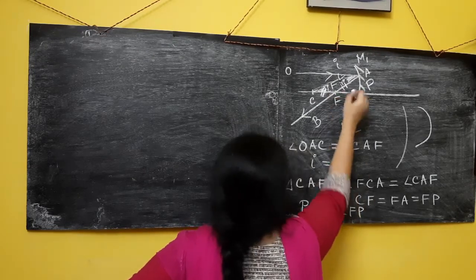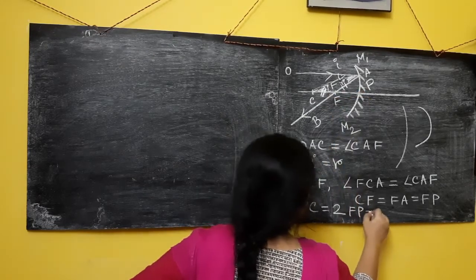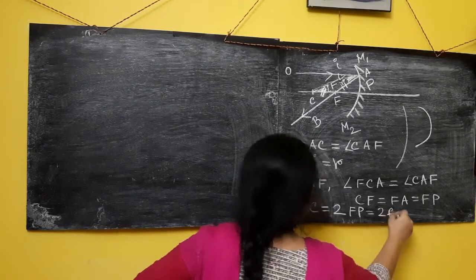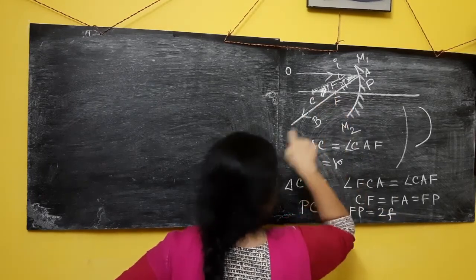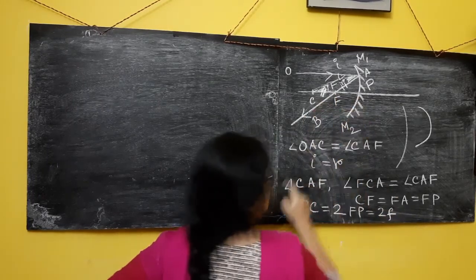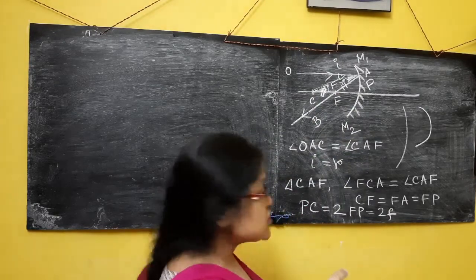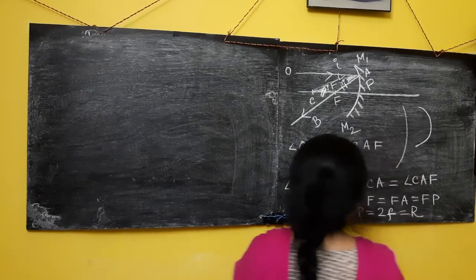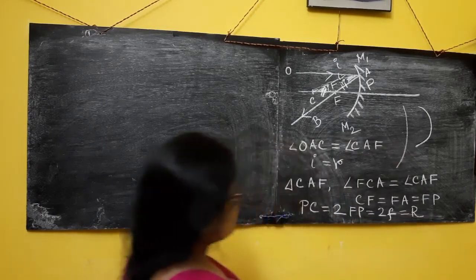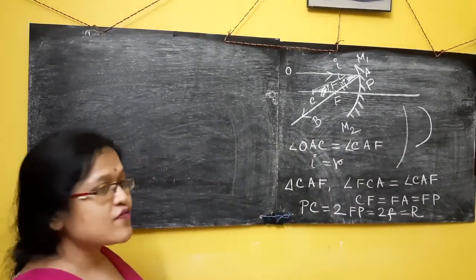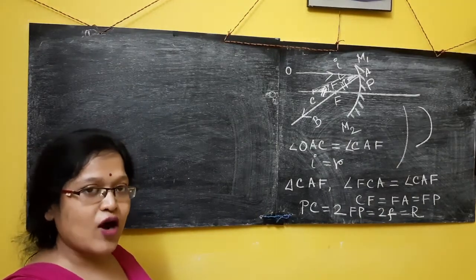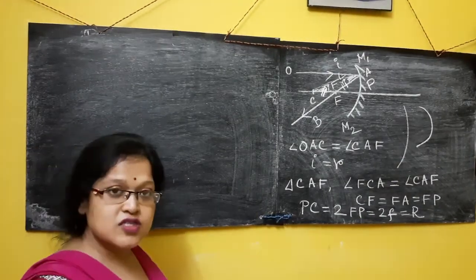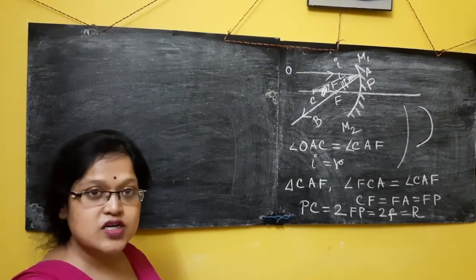Now FP is the focal length, so twice of F. And PC is the radius of curvature. So 2F equals R. Clear? So I am proving here that the radius of curvature is twice the focal length. Done? In my next video I will continue the revision class. Thank you.